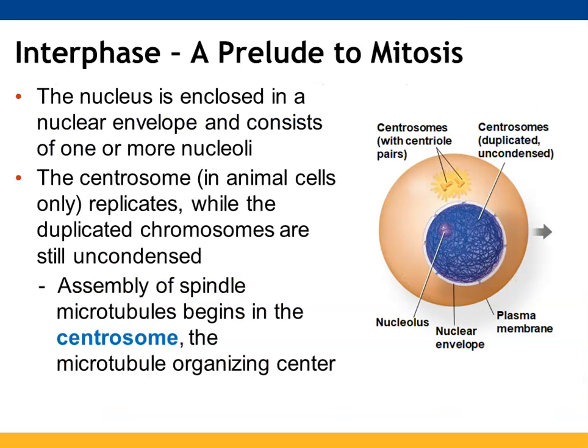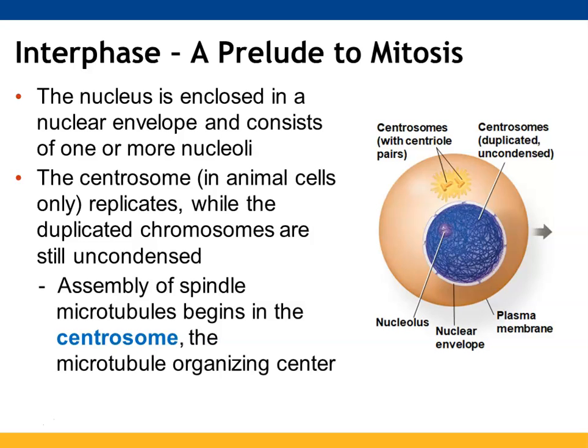So in interphase, your nucleus is still surrounded by a nuclear envelope, and there is either one or more nucleoli present in the nucleus. In animal cells, there will be centrosomes present that have duplicated, and the chromosomes that have already been duplicated are there, but you cannot visibly see them. They still are in the form of chromatin.